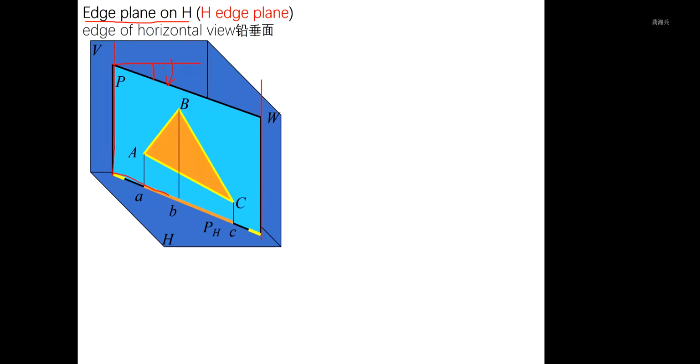The projection of ABC belongs to this tracing line, just like the orange one. So this is the characteristic of the H plane, or H plane on H, the same thing.